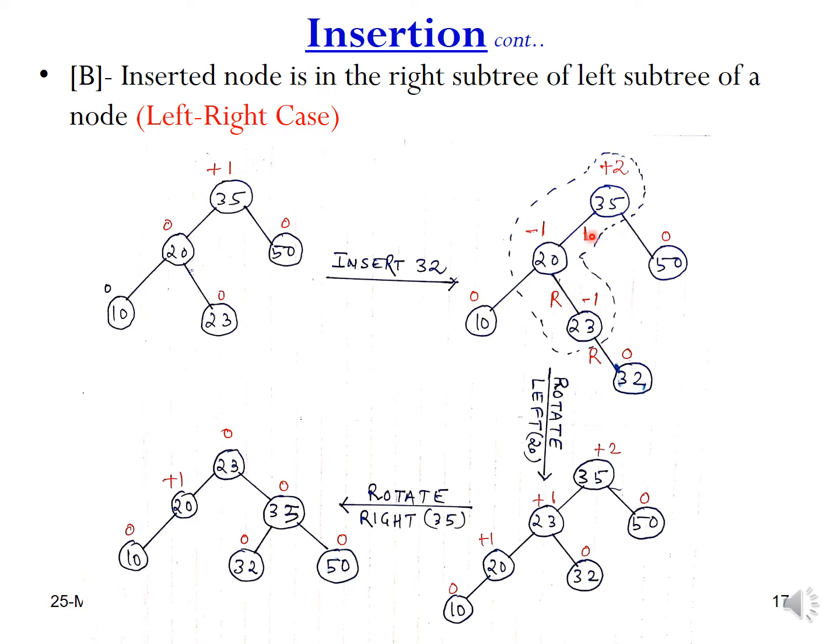We will consider only three nodes, 35, 20 and 23. That's why we have made dotted lines here, enclosing these three nodes. We will apply the rotations on these three only. We will find the node about which we have to rotate.